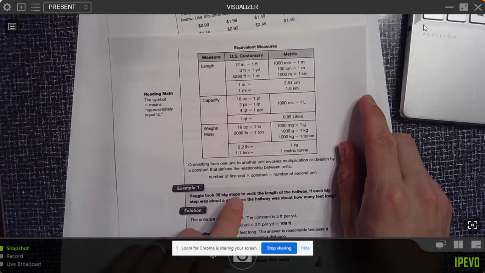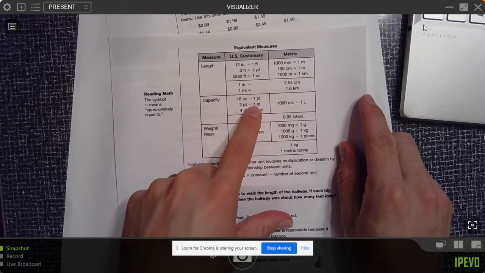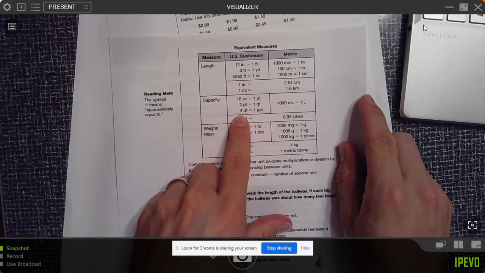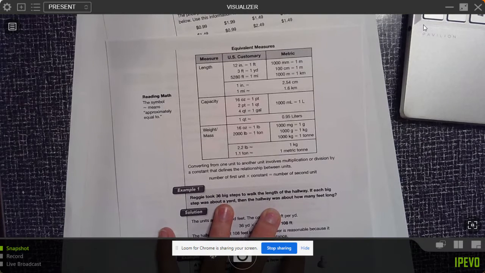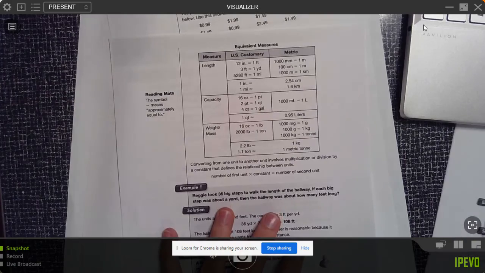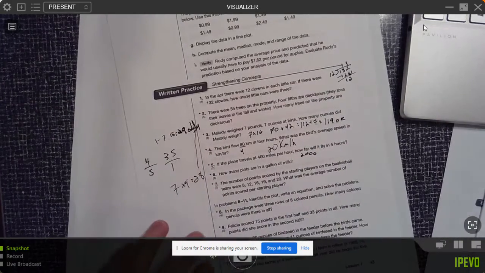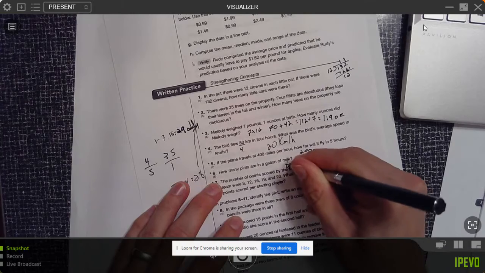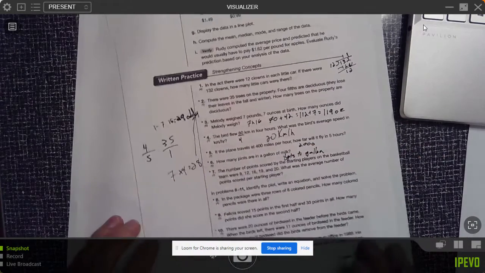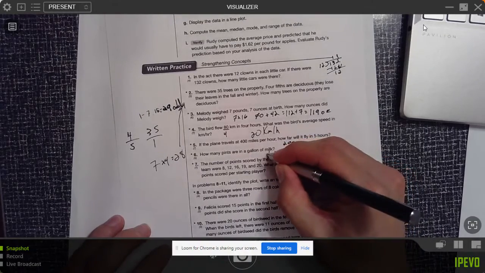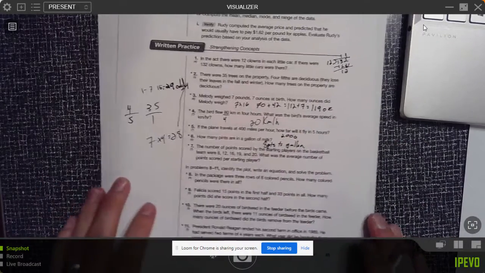So how many pints in 1 gallon? Well, we have 1 gallon is 4 quarts, and each quart is 2 pints. So 2 times 4 is going to give us our total, which is 8 pints to a gallon. I didn't know 8 pints to a gallon off the top of my head.